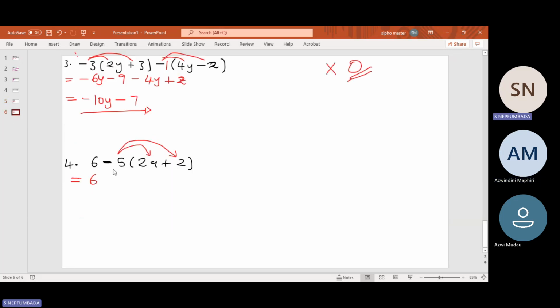Yes. So we're going to say minus 5 times 2a. Then we get negative 10a. We said minus 5 times our 2, we get negative 10. Then we group the like terms. We go to 6 minus 10, which is minus 4. Then negative 10a doesn't have a friend, so we write it like that.